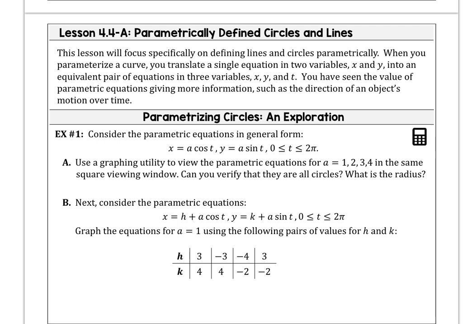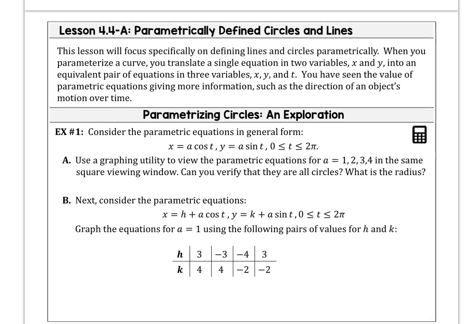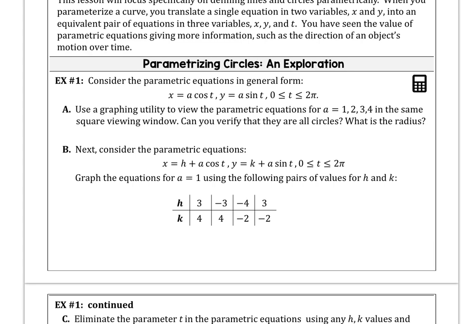Let's consider the parametric equations in general form for x equals a cosine t and y equals a sine t on the interval from 0 to 2 pi. If we use a graphing utility to view the parametric equations for a being 1, 2, 3, 4 in the same square viewing window, can you verify that they are all circles and what is the radius?